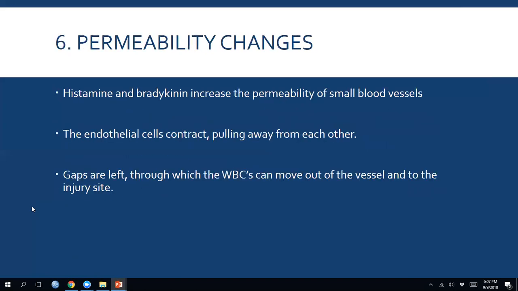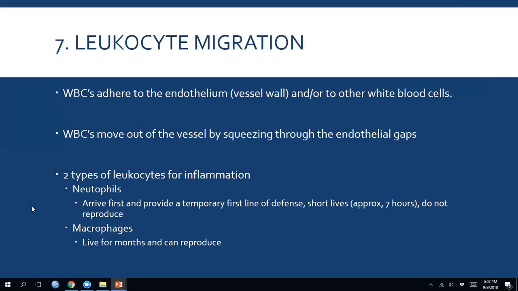Within this, we now know that the histamine and bradykinin have gotten to the area. These small blood vessels are able to say, hey, we can't handle this. They clump together, move out of the way, and allow the white blood cells to come into the actual injury site. At that part, they bring leukocytes. Leukocytes are our favorite thing with injuries.